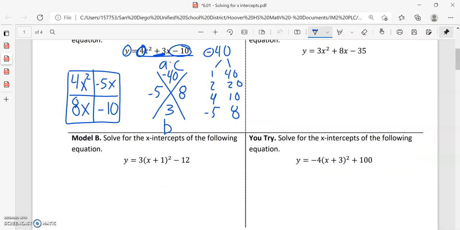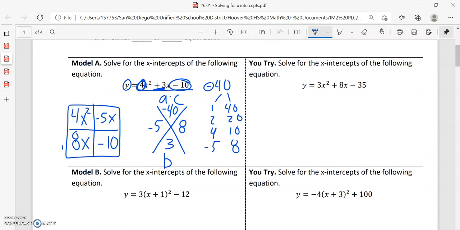Now let's factor going up. Oops. Going up. So you can pull out a 4x. 4x times x, x times negative 5, negative 5 times positive 2. So we have 4x minus 5 times x plus 2.